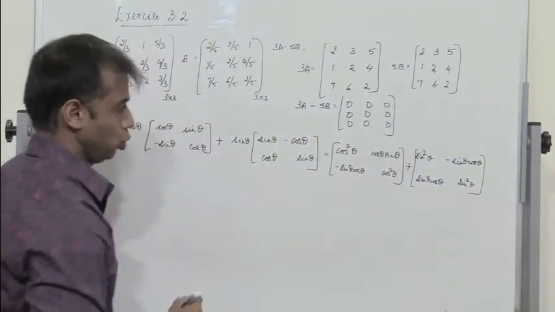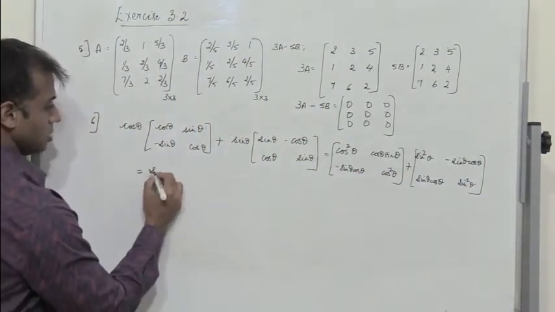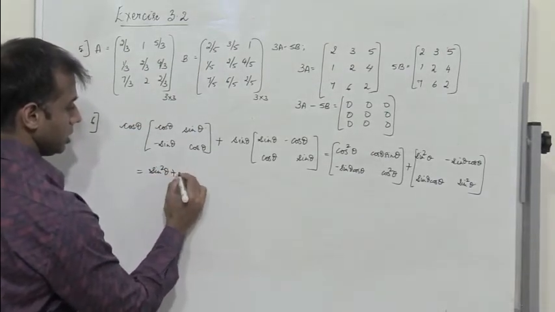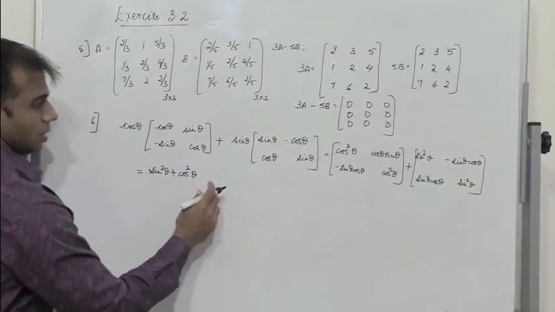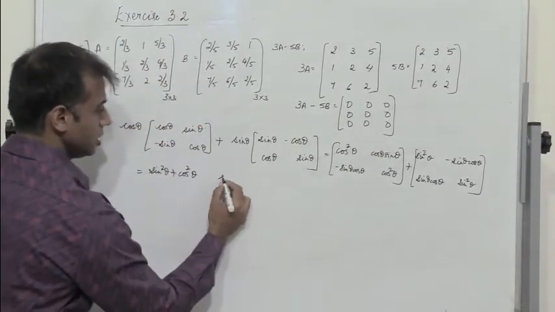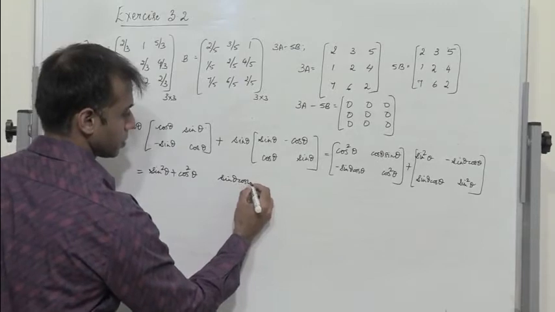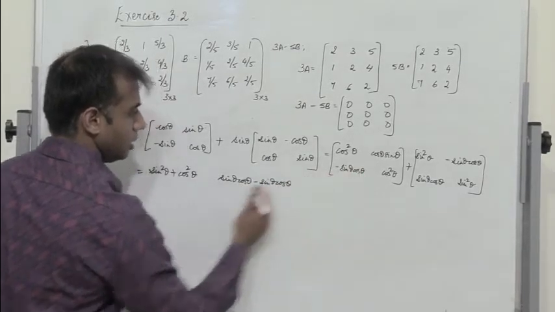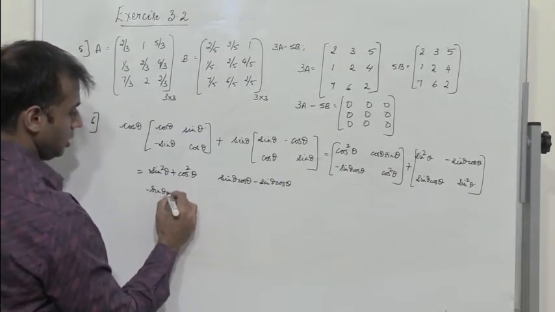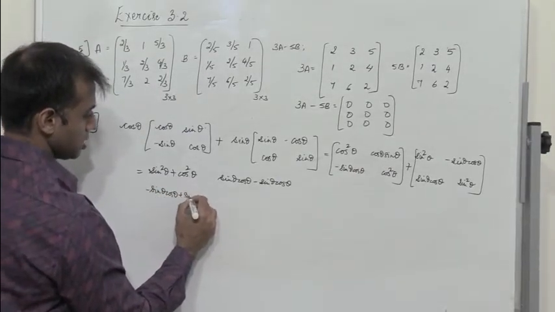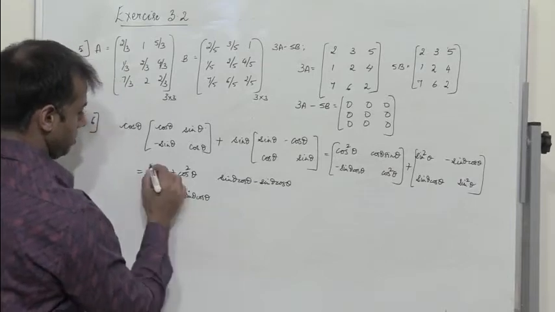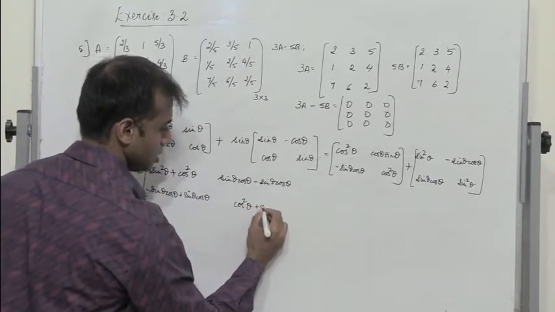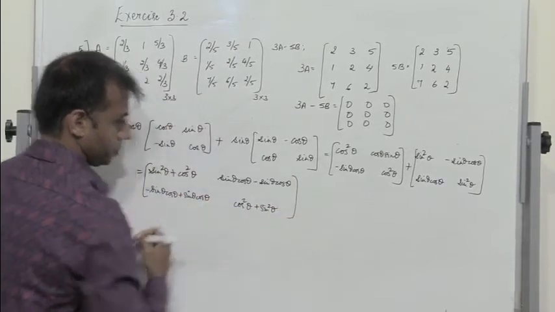So when I add these two matrices, I get sin square theta plus cos square theta, and here I have sin theta cos theta minus sin theta cos theta, and here again I have minus sin theta cos theta plus sin theta cos theta, and here I have cos square theta plus sin square theta.